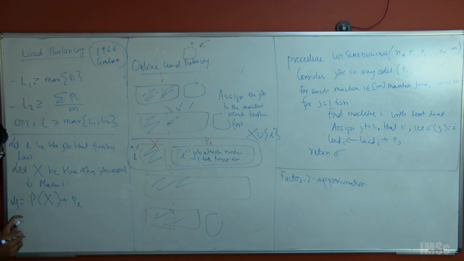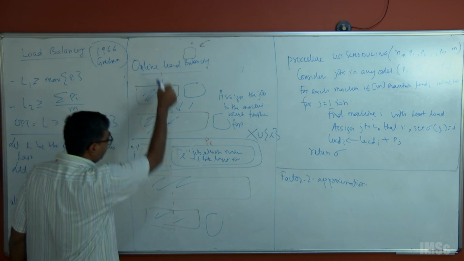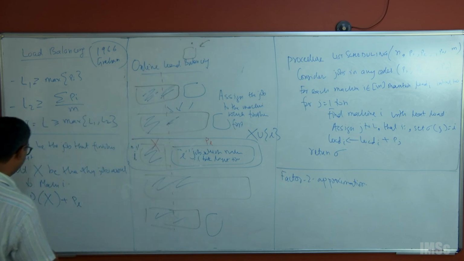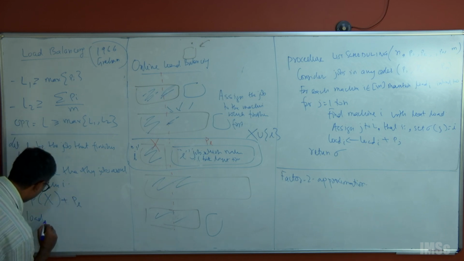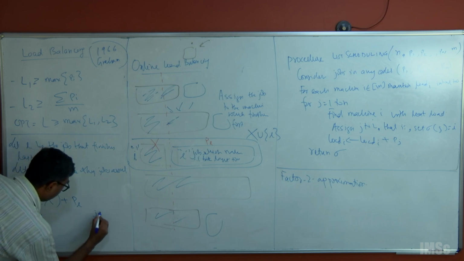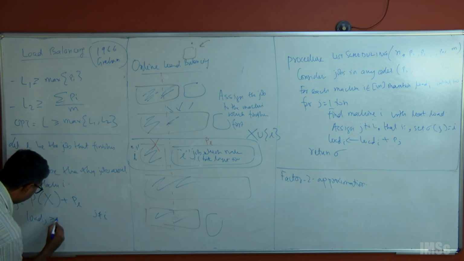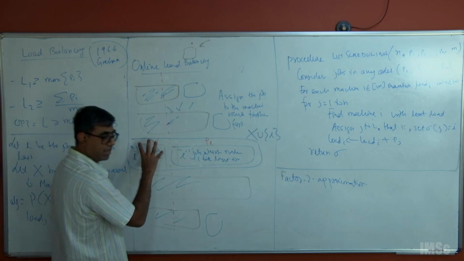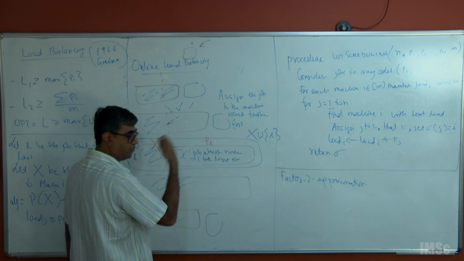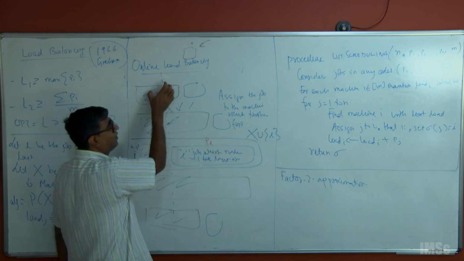Okay. So because of the red line, what is the meaning of this? Can I say that if this is machine I, the load of machine j not equal to I is greater than or equal to P of X for all machines, right? Because at the point of time when X was allotted to it and you were making a decision, it had some load.